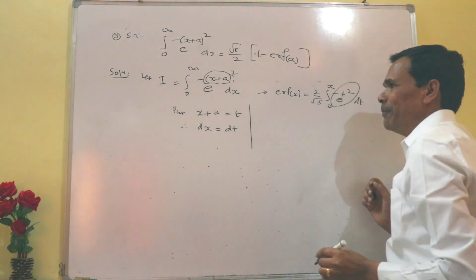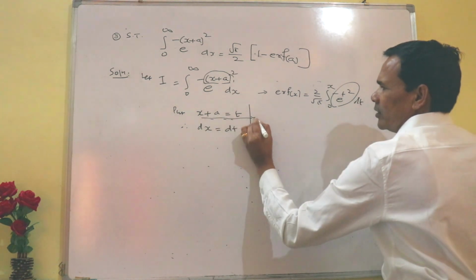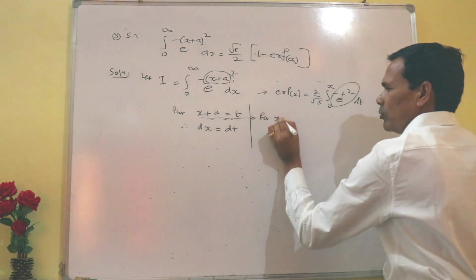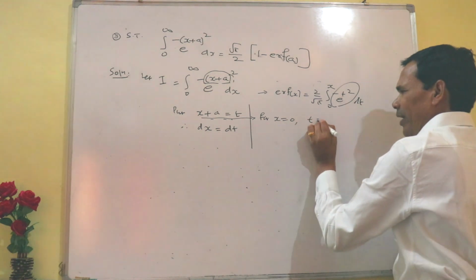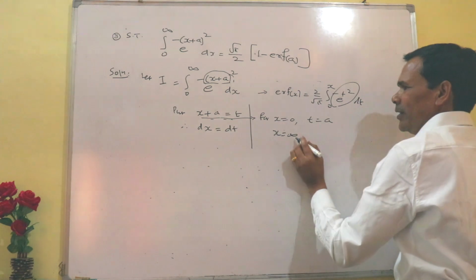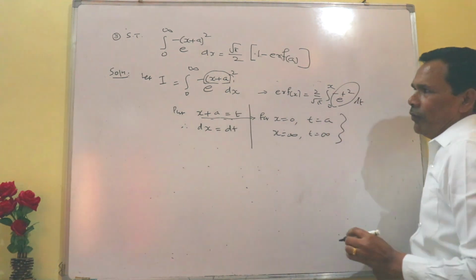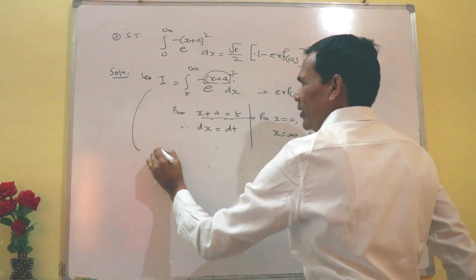And what about the limits? For x equal to 0, t is equal to a, and for x equal to infinity, infinity plus a, t is equal to infinity. So the new limits are a to infinity.